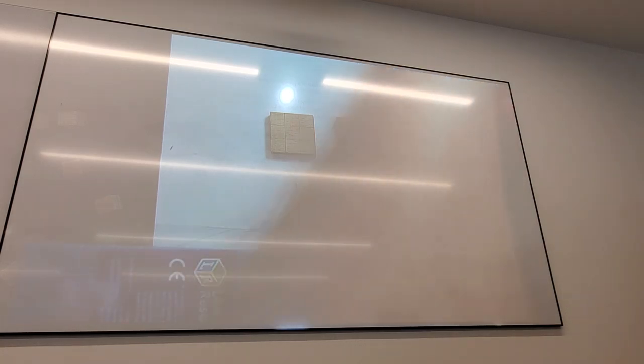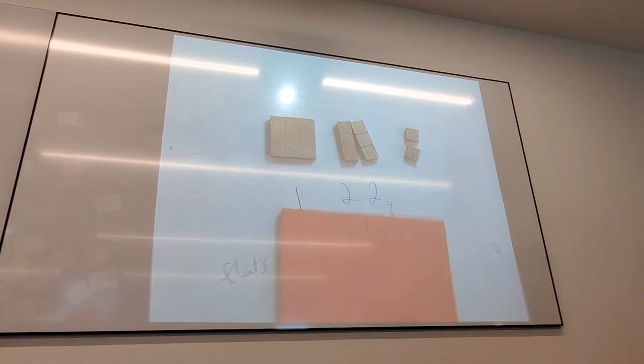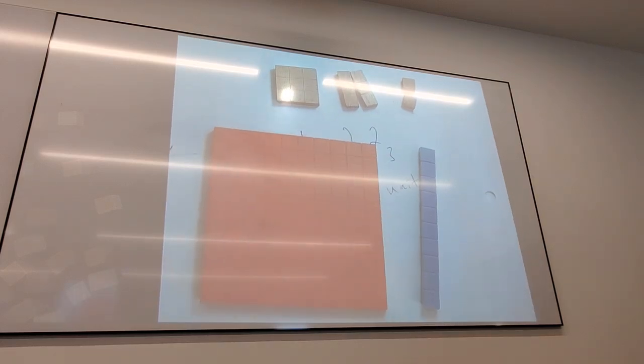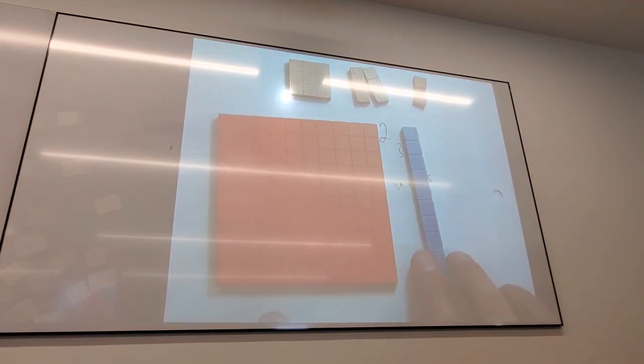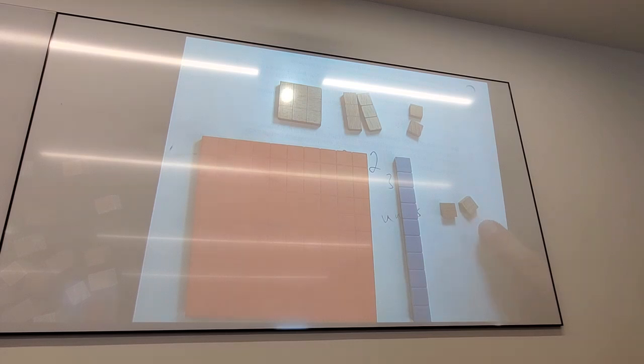So guys, base 10. How can I identify that these are base 10 pieces? If I count these, there's 10 of them here. So the whole idea is if I put together 10 of these, when I get to 9 of these and I add one more piece, it could then make a complete one of these.